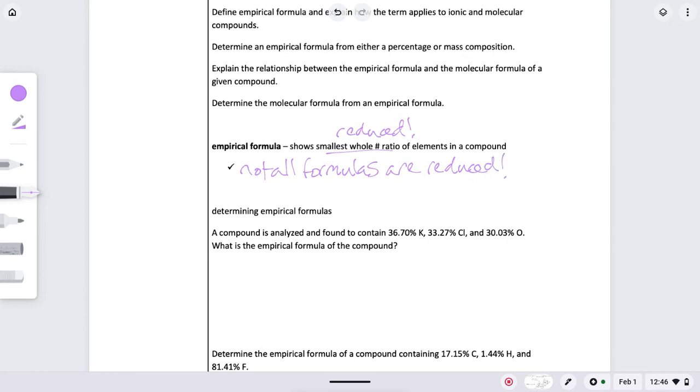So that's why when it talked about molecular formula, it's different than an empirical formula. An empirical formula is the formula for an ionic compound because they're always reduced. But molecular formulas may or may not be reduced. That's what you're trying to figure out, ultimately.